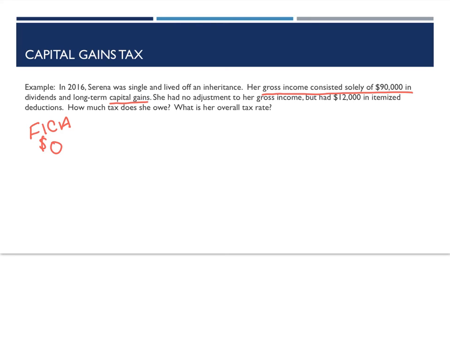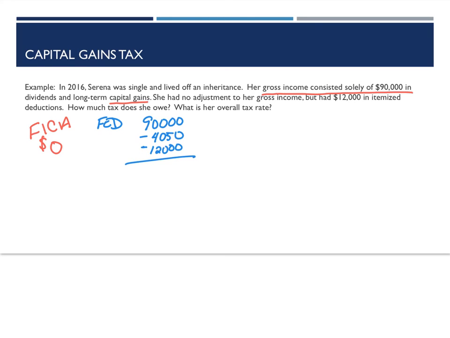So all we have to do with Serena is figure out what her federal taxes would be. Well, for federal, she has $90,000 for her gross income. She gets no adjustments, is what it said, but she does get the personal exemption, and she has $12,000 in itemized deductions.